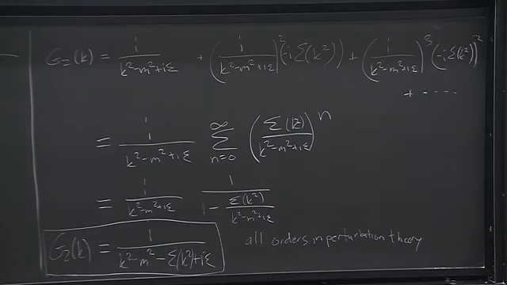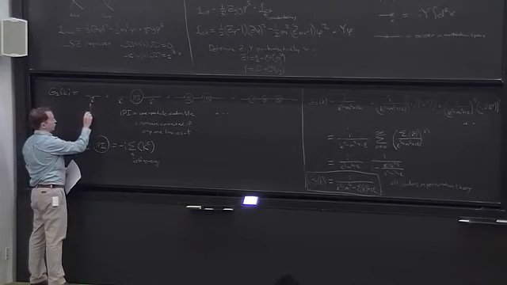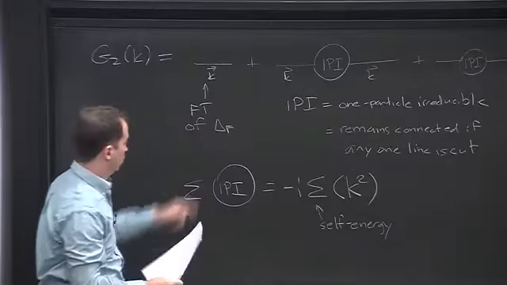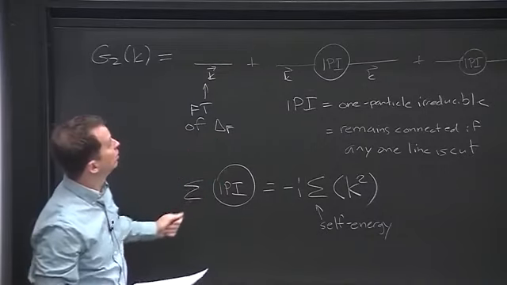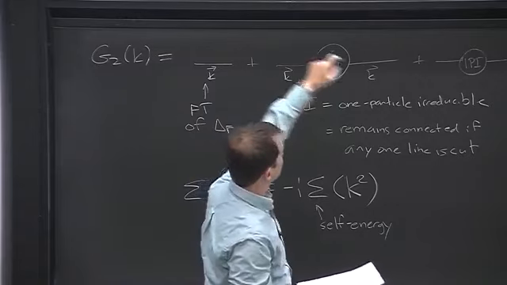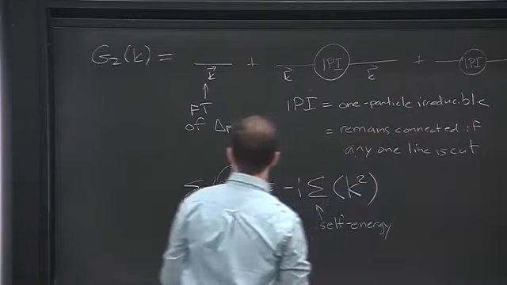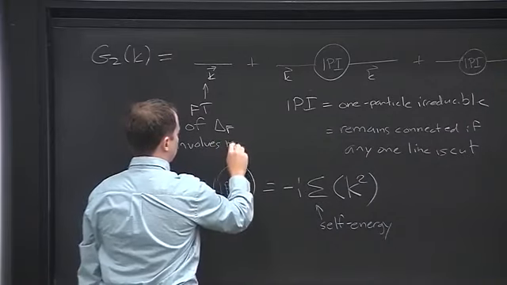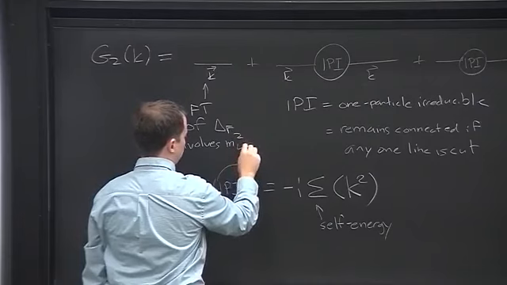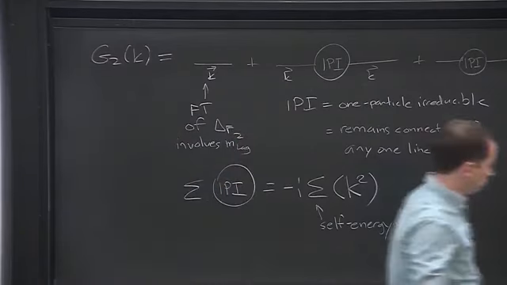And so this diagram is the Fourier transform of the Feynman propagator, which involves the mass that shows up in the Lagrangian, the m squared on the top board. This involves m squared, the mass that shows up in the Lagrangian, sometimes called the bare mass.